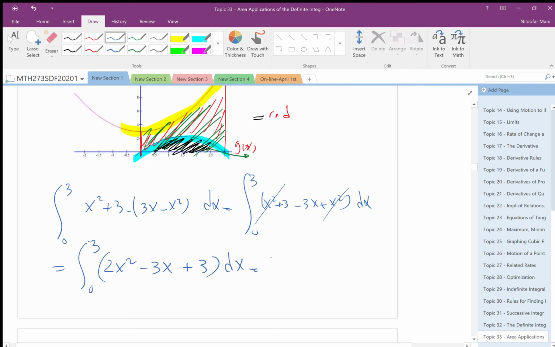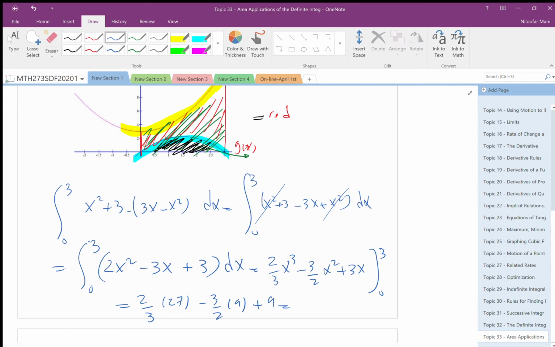Which is 2 over 3 x cubed minus 3 over 2 x squared plus 3x from 0 to 3, which is 2 over 3 times 27 minus 3 over 2 times 9 plus 9. Find the answer. So it is 27 divided by 3, which is 9, so it's 18 minus 1.5 times 9.